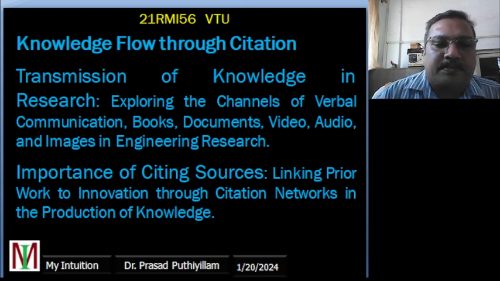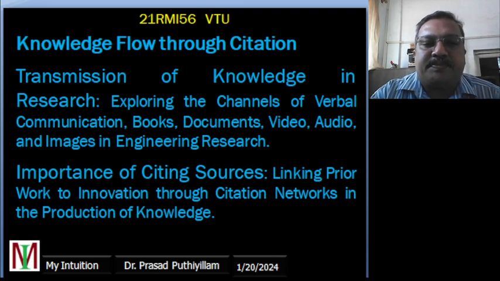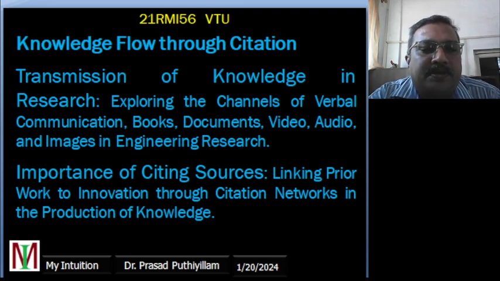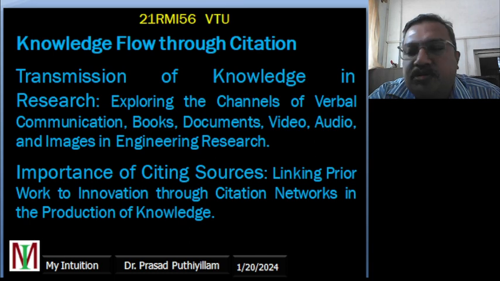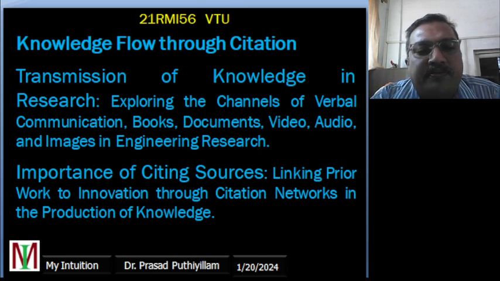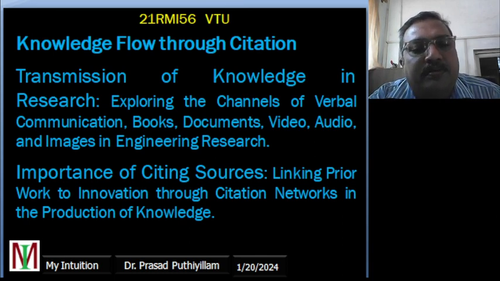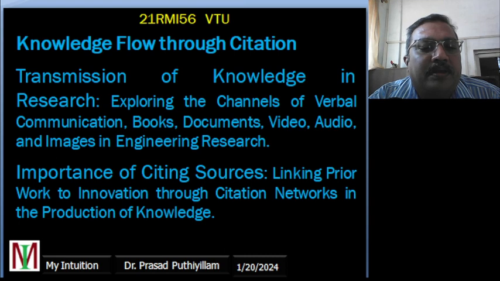Two main subheadings I have identified: transmission of knowledge in research, as well as importance of citing the sources. Knowledge flows through verbal communication, or through books, documents, video, audio, and images. These play a very powerful role in the research community to promote knowledge.